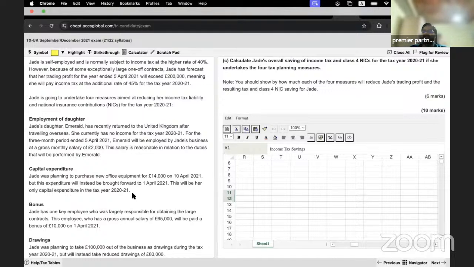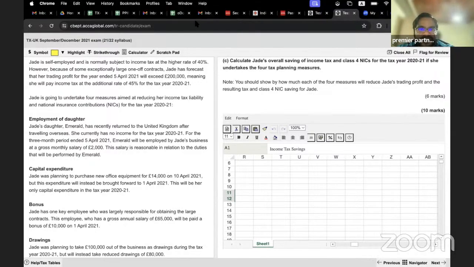So 6 marks are there to calculate the impact on income tax and NIC. 6 marks means how many minutes do you have? Drawings, NSI, you mean National Insurance?